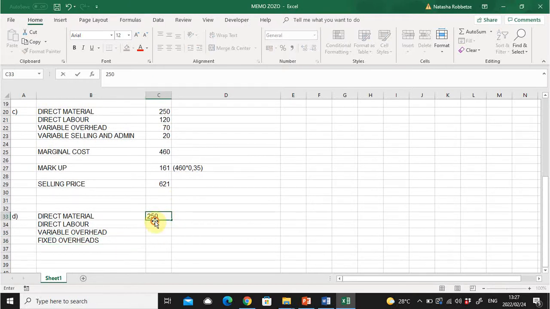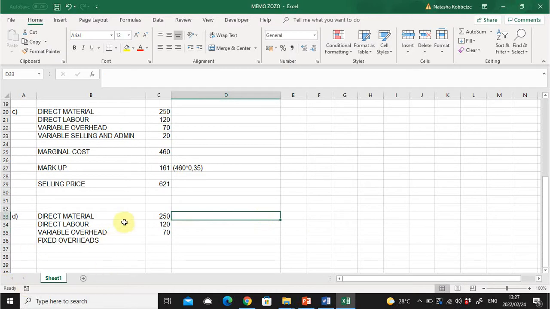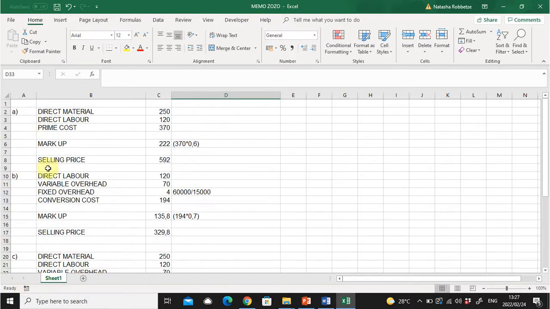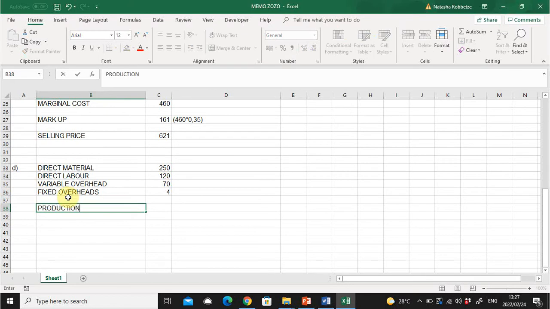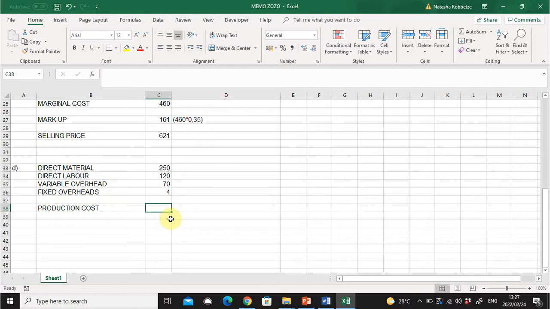For the direct labor, it was 120. It was 70. And then for the fixed overheads, we have calculated that one in number B because we had to calculate it. It was given in totality. So it was 4 Rand. And then to get to production cost, we have to add all of this together.